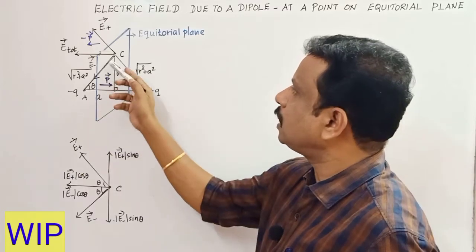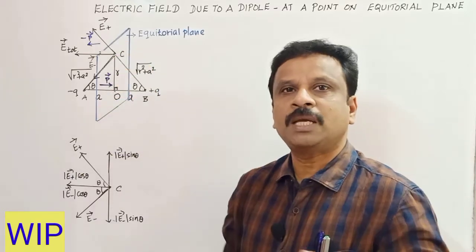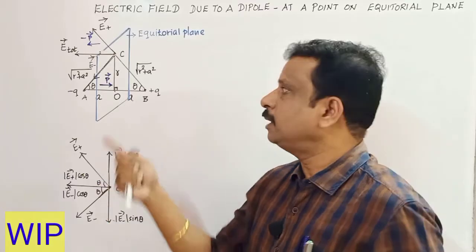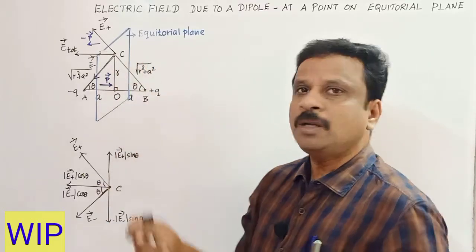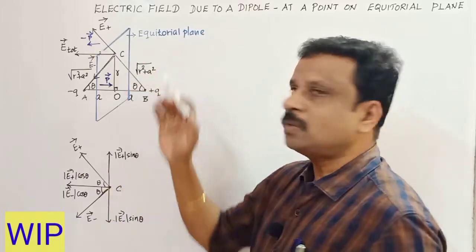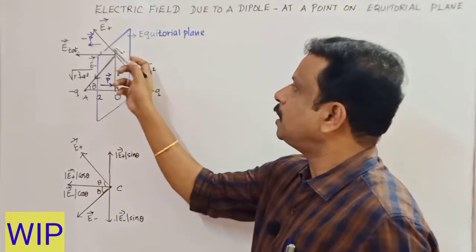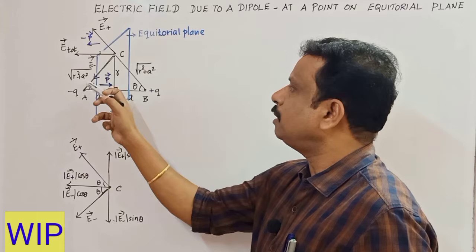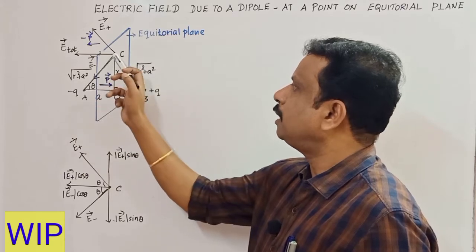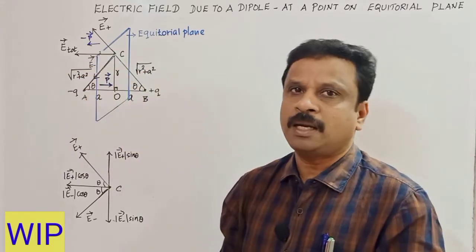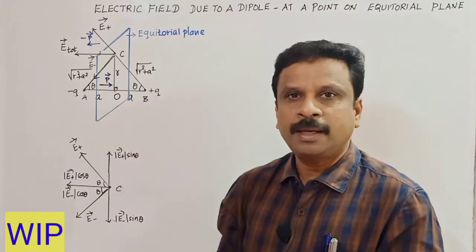In the previous case we drew two unequal lengths, but here the magnitudes are equal and only the direction differs. So E plus vector goes along this way, E minus vector goes along this way, and this is the resultant electric field. We call it the total electric field.